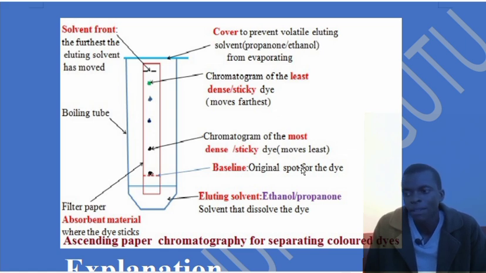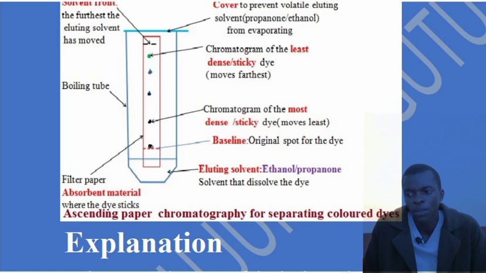The dense and sticky pure dye moves least. The least dense and sticky pure dye moves farthest. A pure dye will produce the same chromatogram or spot if the same eluting solvent is used on the same absorbent material. Comparing the distance moved by a pure dye with a mixture, the colored dye in a mixture can be reduced as.